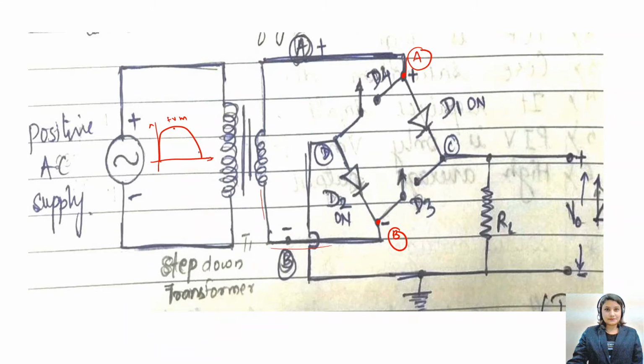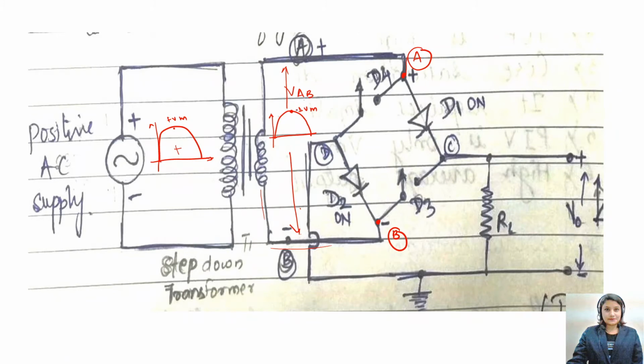So when we apply positive cycles, a positive voltage is induced in your secondary winding between the voltage VAB. Between the point A and the B, the voltage induced is positive, plus Vm.